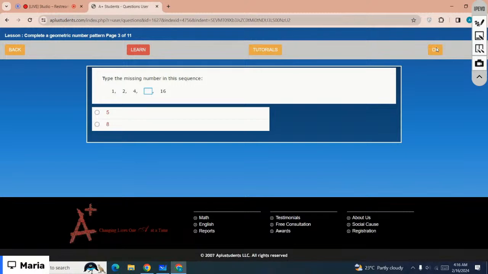Okay, the next one is type the missing number in the sequence. So which is the next one in the sequence?